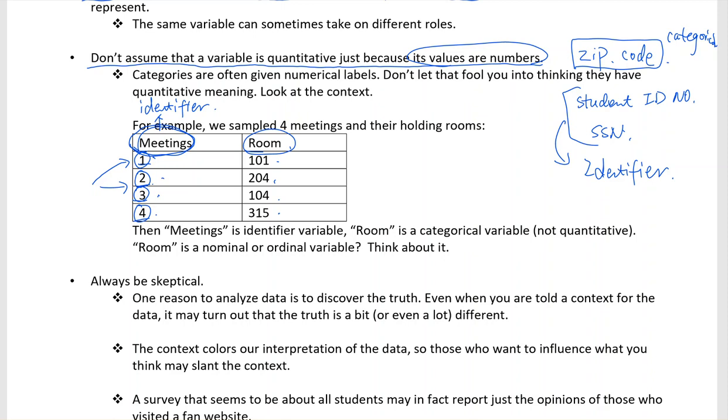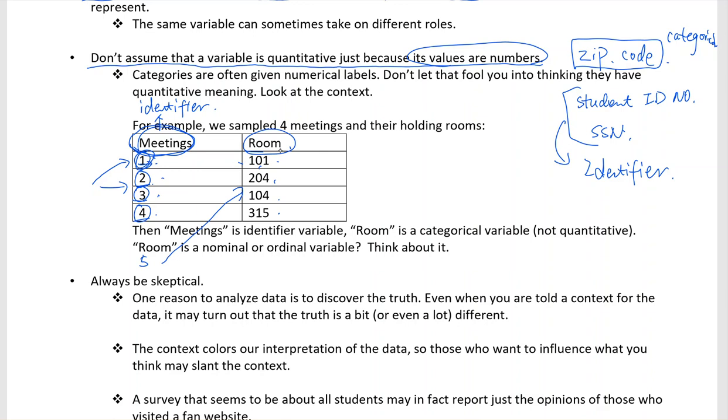Think about what this data is for. This data is the information about the room assigned to each meeting, right? That means for this meeting, this room is assigned. If I have another meeting, the fifth meeting, it may be in the same room. Is that right?